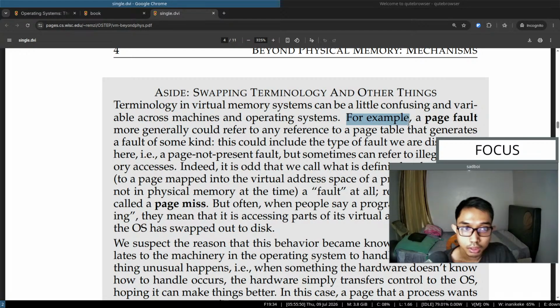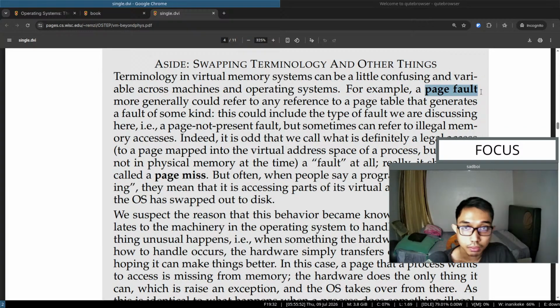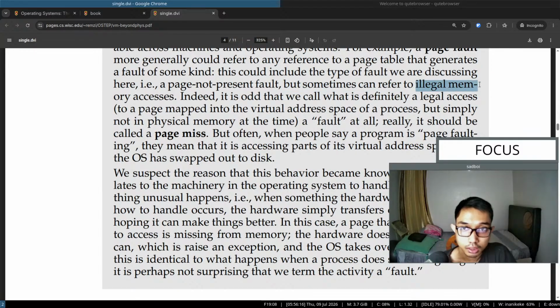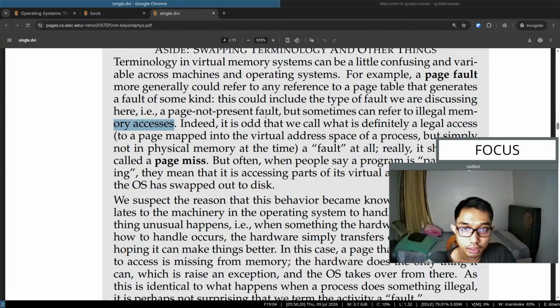For example, a page fault more generally could refer to any reference to a page table that generates a fault of some kind. This could include the type of fault we are discussing here, that is a page not present fault, but sometimes can refer to illegal memory access. Right, the segmentation fault or something like that.